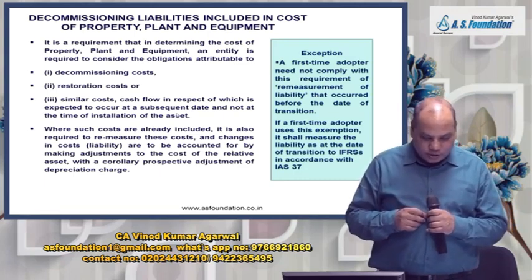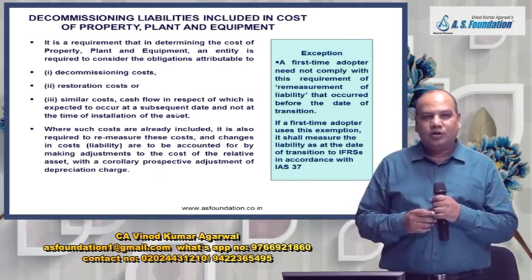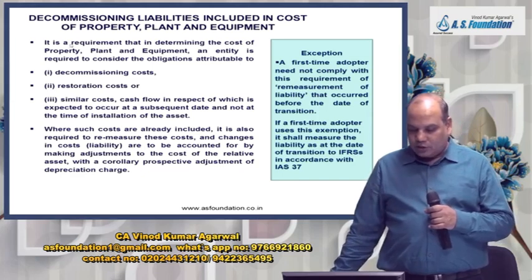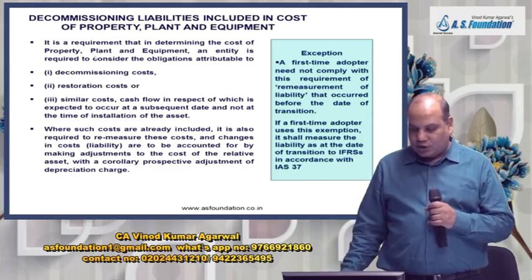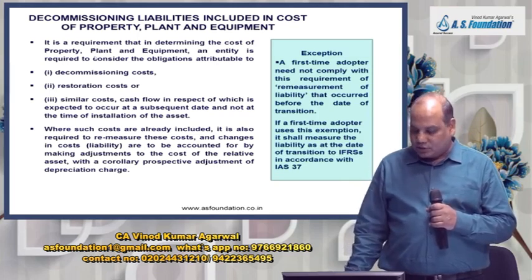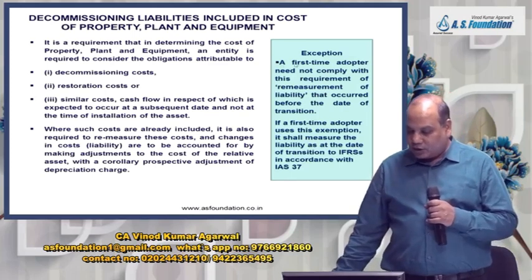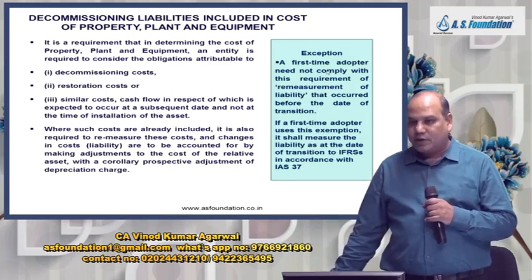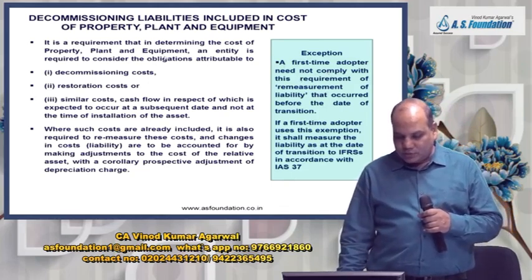Next is decommissioning liabilities included in the cost of property, plant and equipment. Now on the left side of the screen, we will discuss the provision of two standards, IAS 16 and IAS 37. And then on the right side, we will see what is the exception allowed to you. So what is IAS 37?